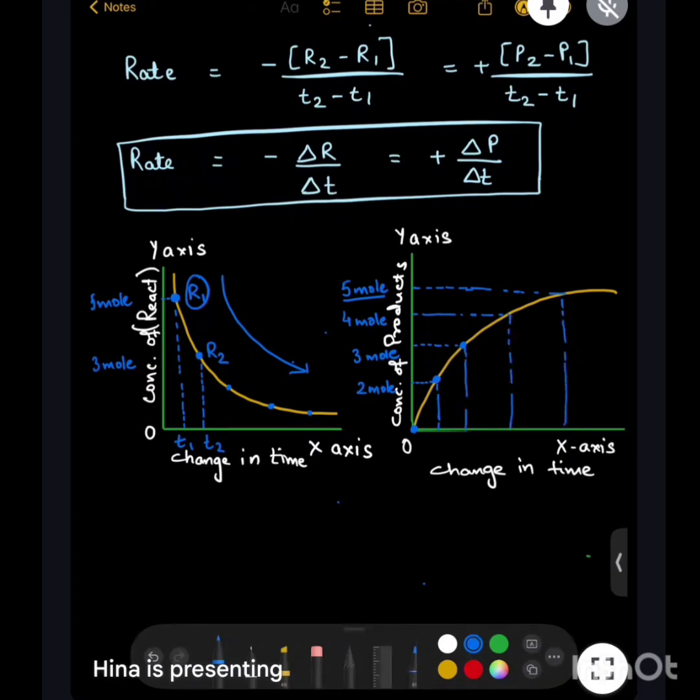So we can consider it as T1, T2, T3, until the product is fully formed. So we see that the concentration of the product keeps on increasing as the reaction moves further. So the direction of the slope is towards the right side in the upward direction.